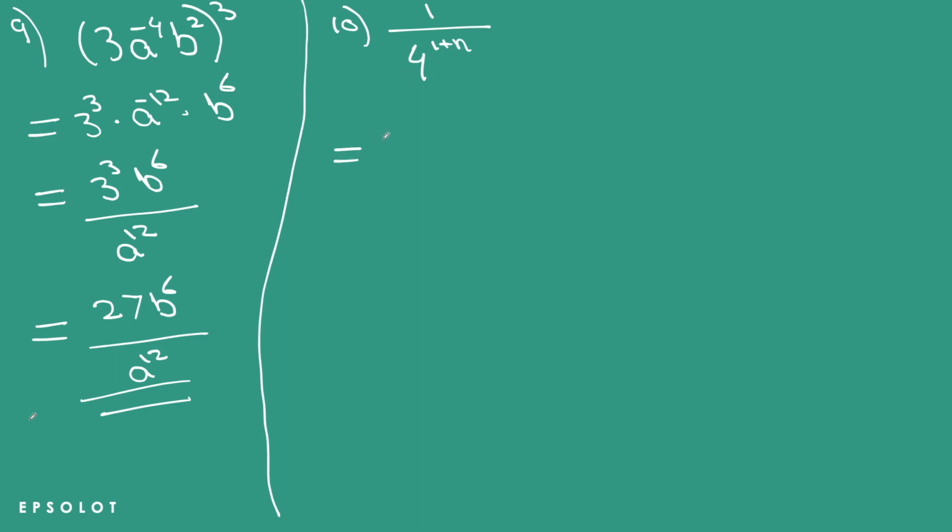And again, it's very simple, just like you've been doing before: if you're trying to move a number from the denominator to the numerator, then you just say 4 to the power of negative (1 plus n), and then you end up with 4 to the power of negative 1 minus n, and that's it. And that is all for using the index laws in different problems.